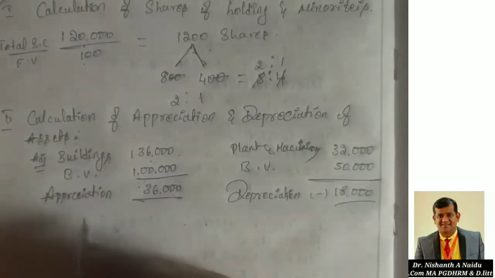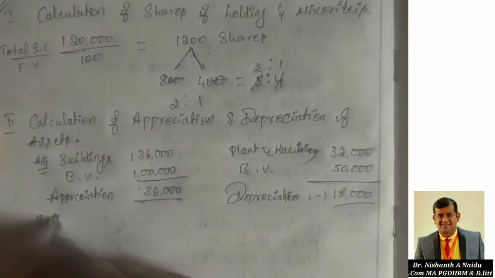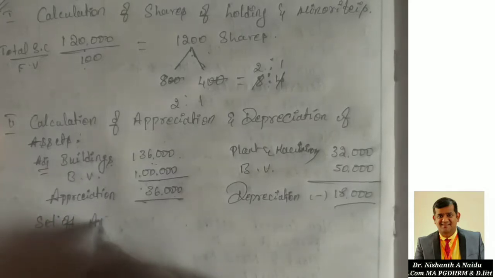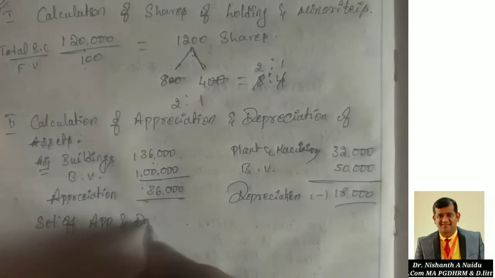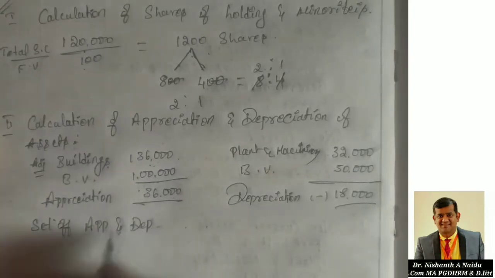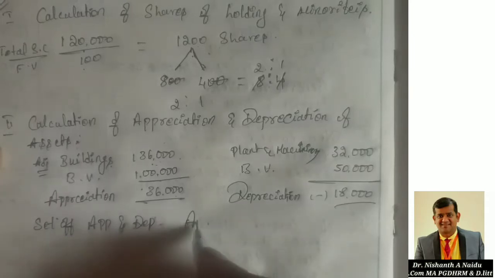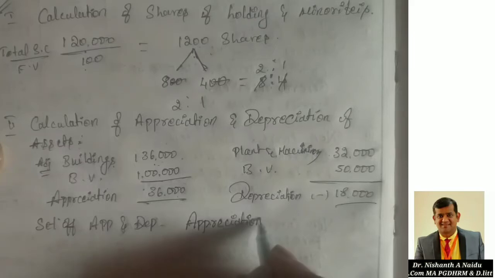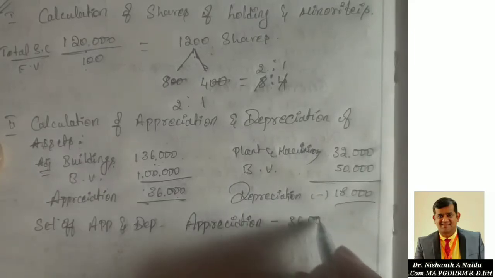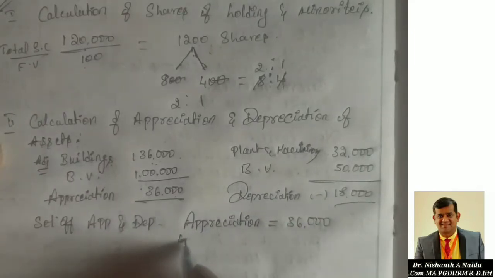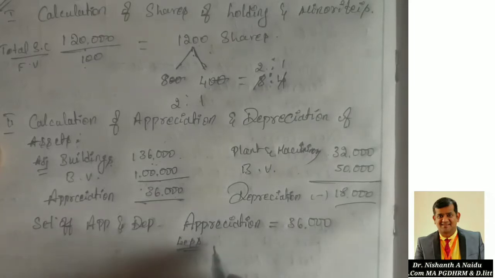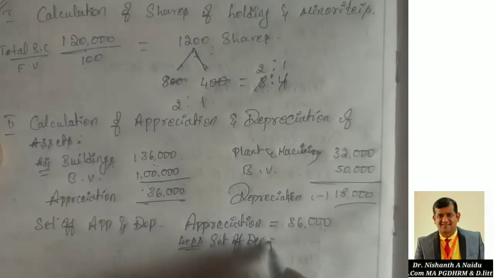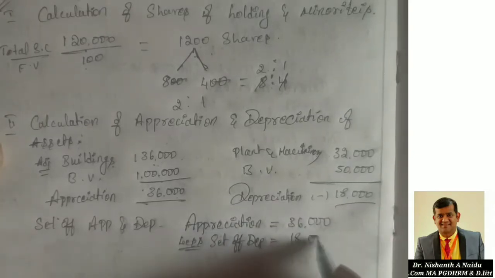So now let us set off appreciation and depreciation. The appreciation is 36,000, less set off depreciation, how much? 18,000.